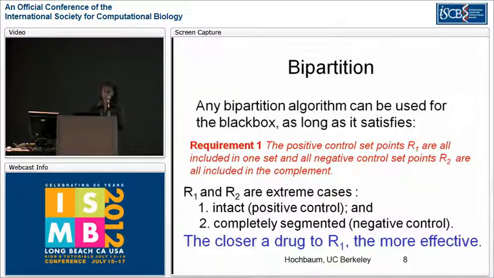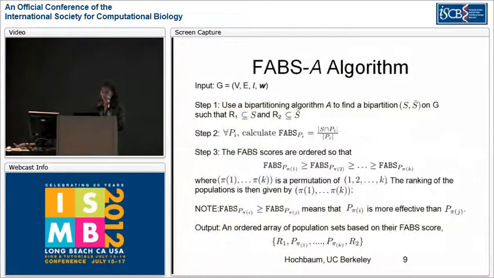So to repeat, R1 and R2 are the extreme cases, where R1 is the intact, the positive controls, and R2 are the completely fragmented, the negative control. And we want to find drugs that have scores that put them closer to R1, that is, as many of their sample cells are in R1. That will be considered more effective.